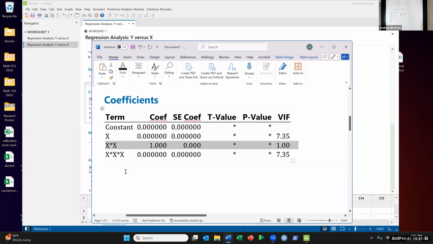But down here where we've got the quadratic term, so this is our x squared term, it's telling us that the coefficient is equal to 1. So this is telling us that our model should be something like y equals x squared, which is exactly the model that we're using up there.